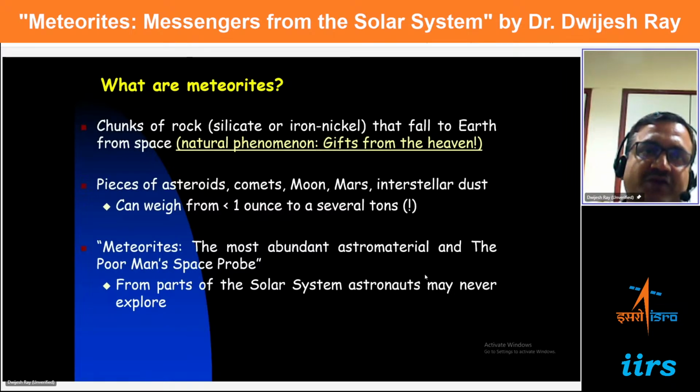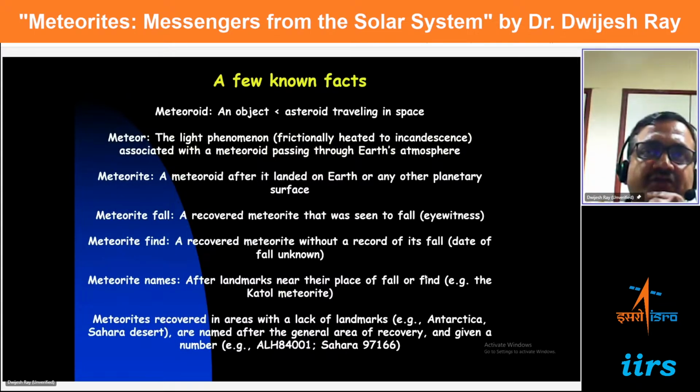So we don't require any missions, and you can get the samples totally free of cost. These are a few known facts, already discussed by earlier speakers, so I will not discuss them.